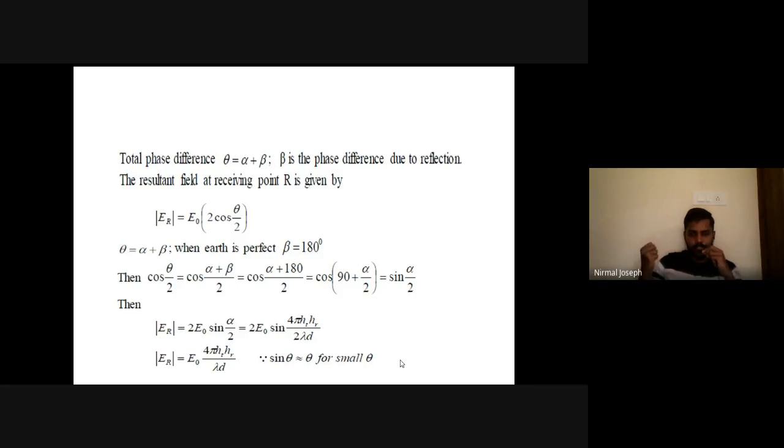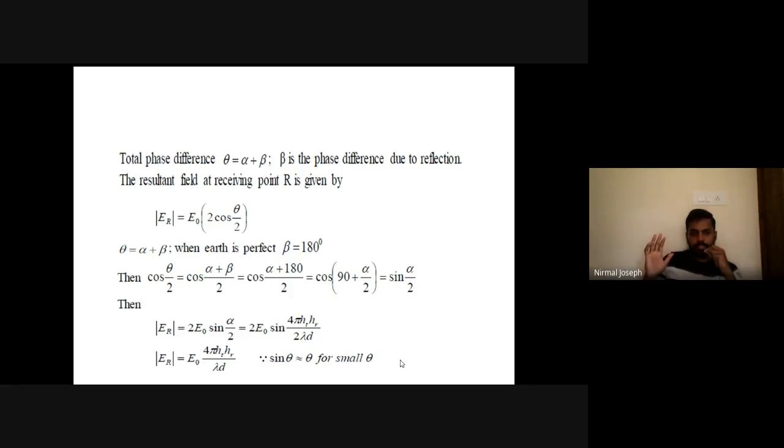Since one wave is getting reflected, for a perfect reflection the phase difference is 180 degrees, which you already know; we studied it in the lower classes. So the total phase difference will be the sum of the phase difference due to path difference and the phase difference due to reflection.